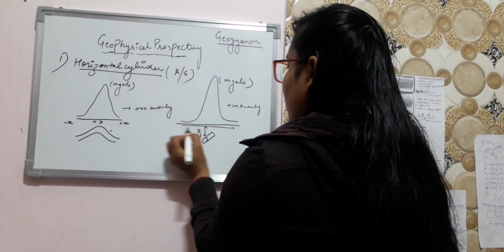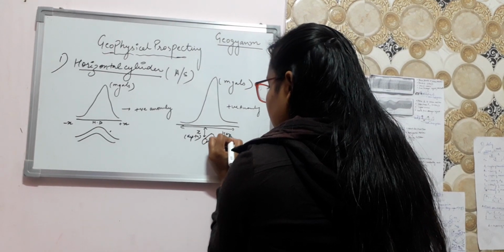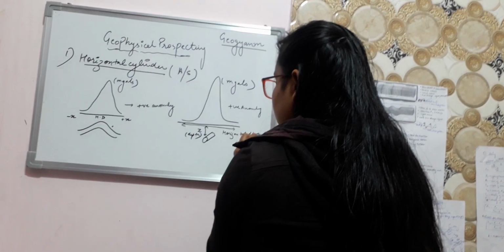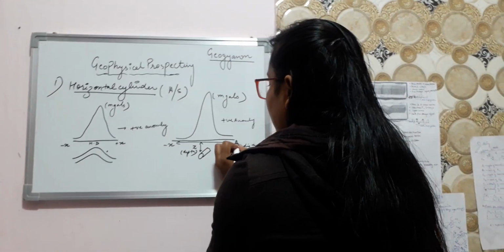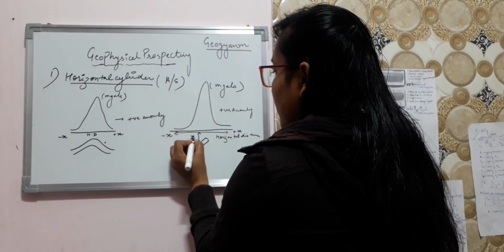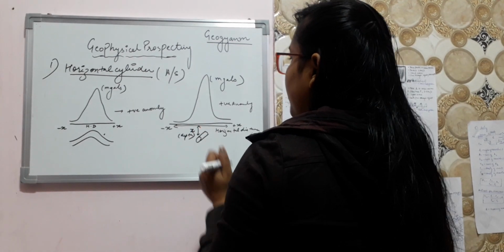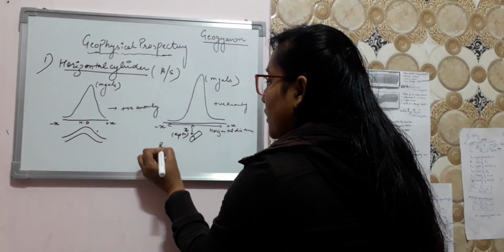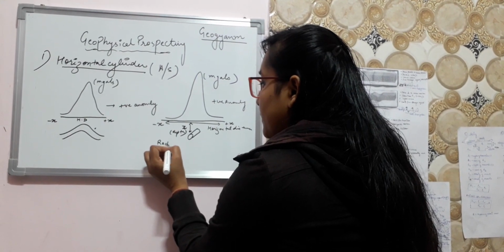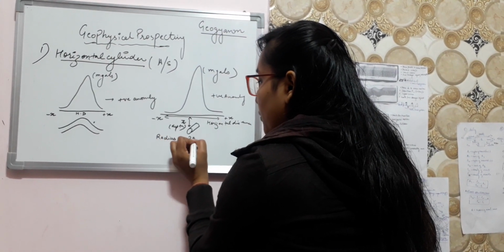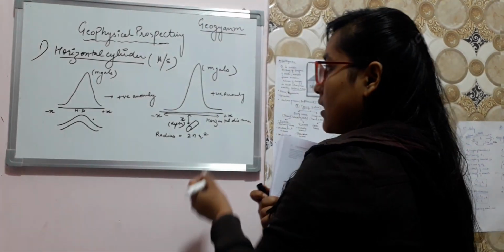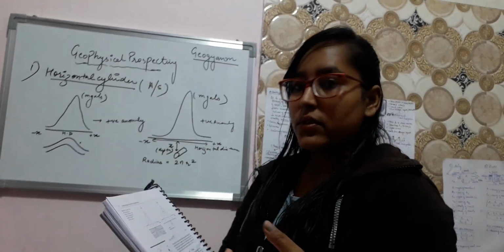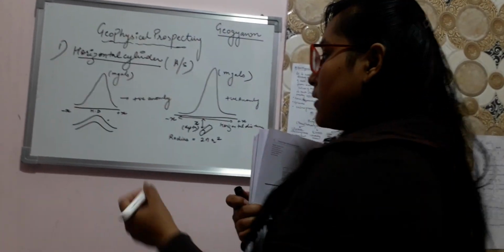This will be your horizontal distance, minus x and plus x, and this is the depth Z, and the radius of the cylinder is r. In the book the derivation is given, you can follow that. I am going to write the formula.